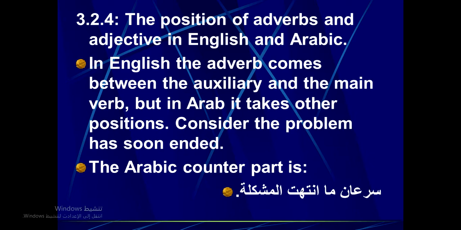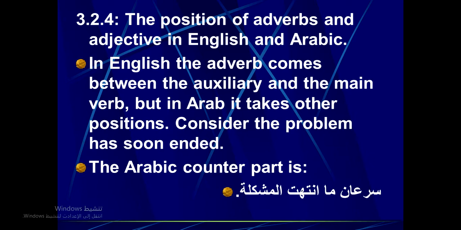The position of adverbs and adjectives in English and Arabic. Let's discuss this point. In English, the adverb comes between the auxiliary and the main verb. But in Arabic, it takes other positions. Let's see this example. The problem has soon ended. What is the adverb here? Soon, right? It comes between the auxiliary has and the main verb ended.